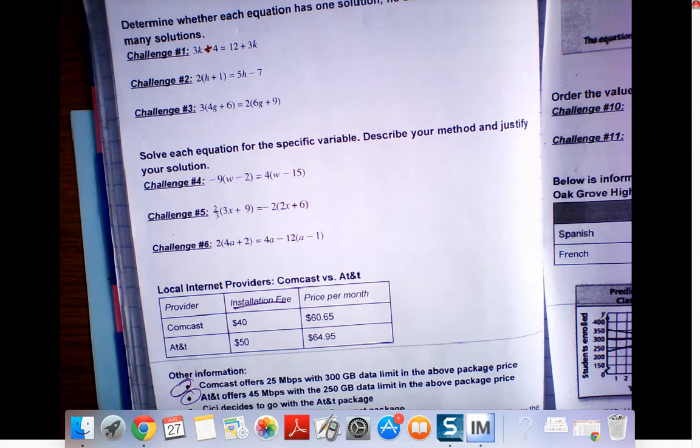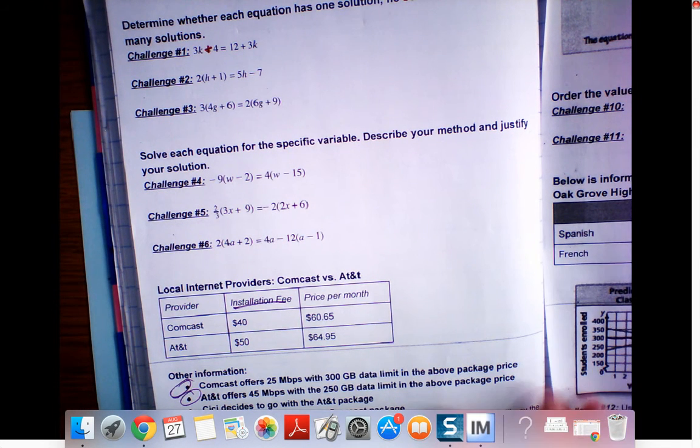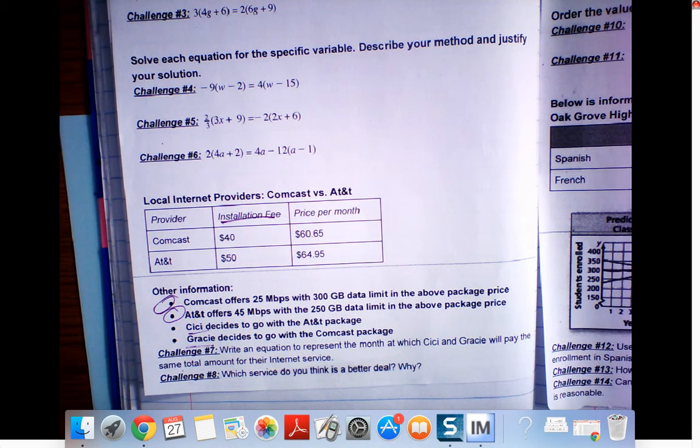Alright, let's go to challenge 7. 7 is talking about internet providers. I'll show you the picture. So, down here, you have local internet providers, Comcast versus AT&T.